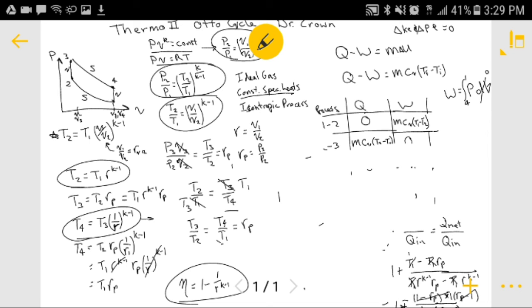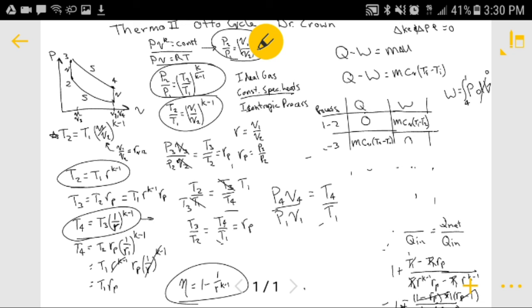So P4, V4, T4. It wasn't true for states 3 and 4, but it is for 4 and 1. P1, V1 over T1.